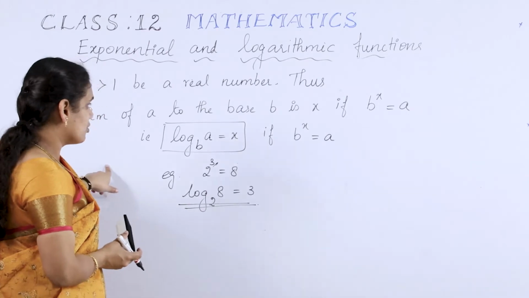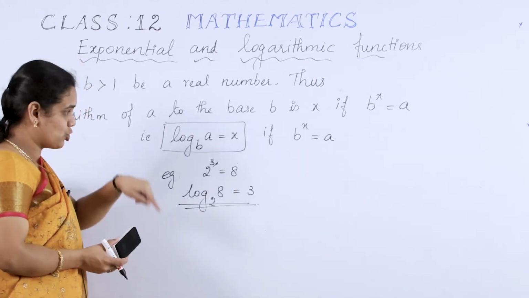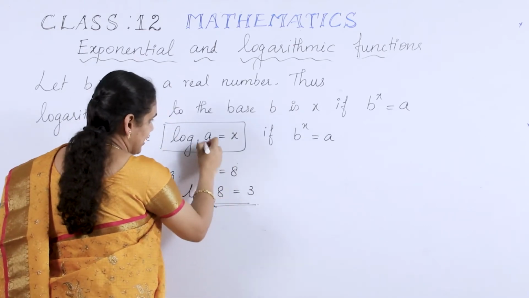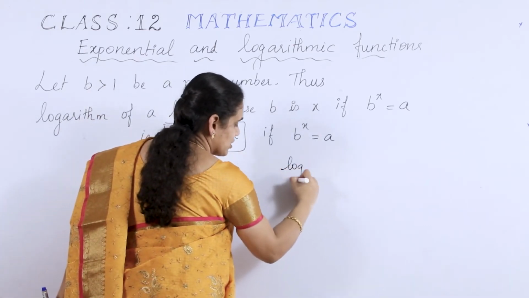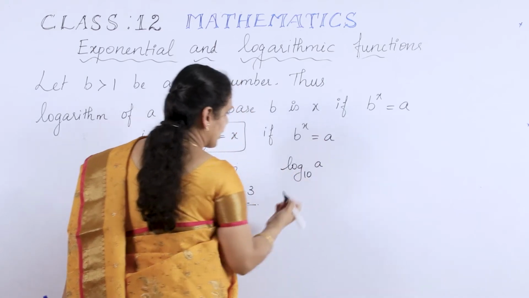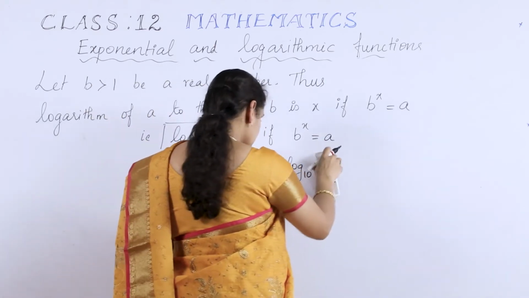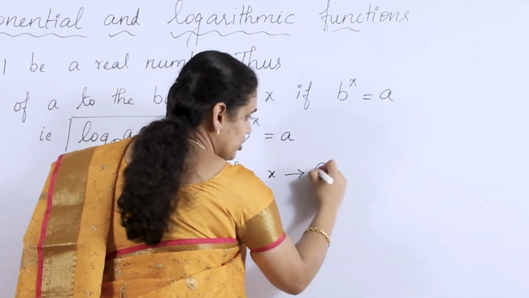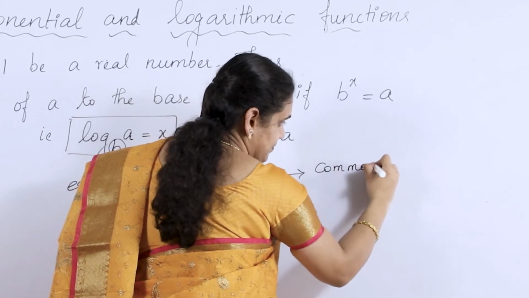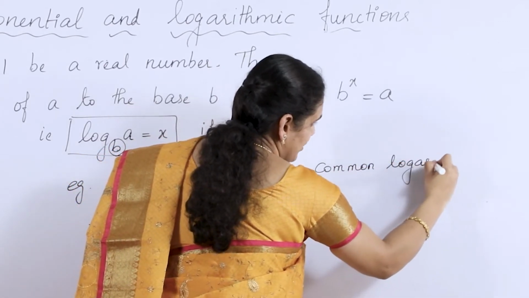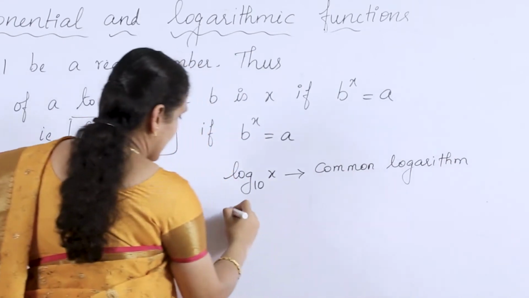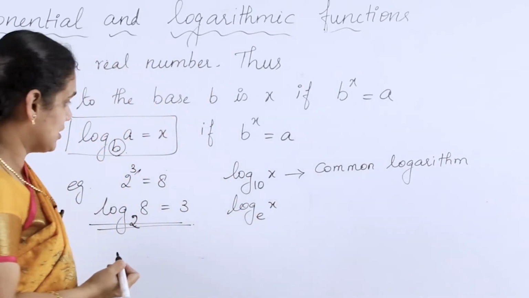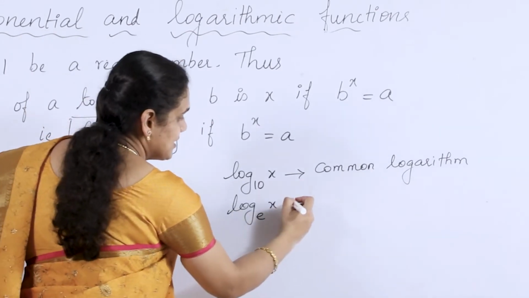Here we also have the common logarithmic function and the natural logarithmic function. If you take the base as 10, log to the base 10 of x, this is called the common logarithm. If you take the base as e, the exponential, whose value is between 2 and 3, that is the natural logarithm.